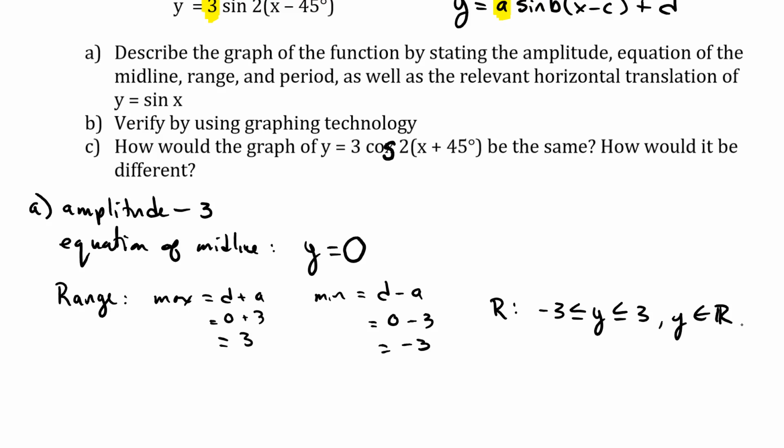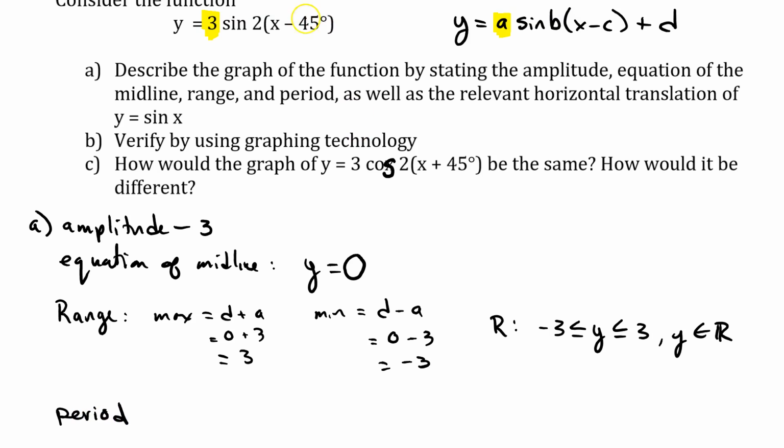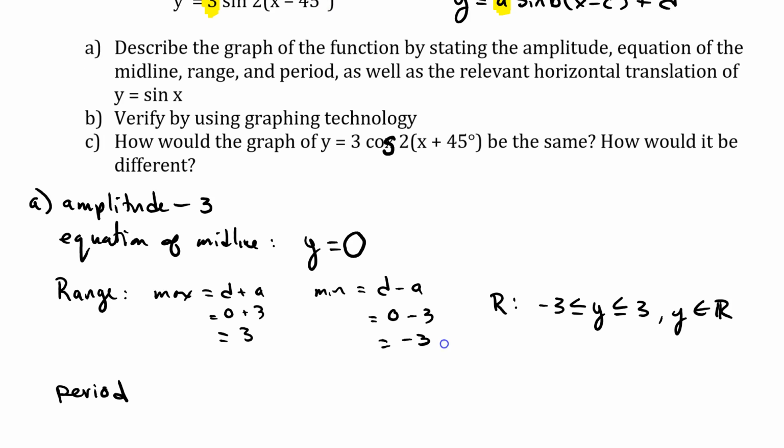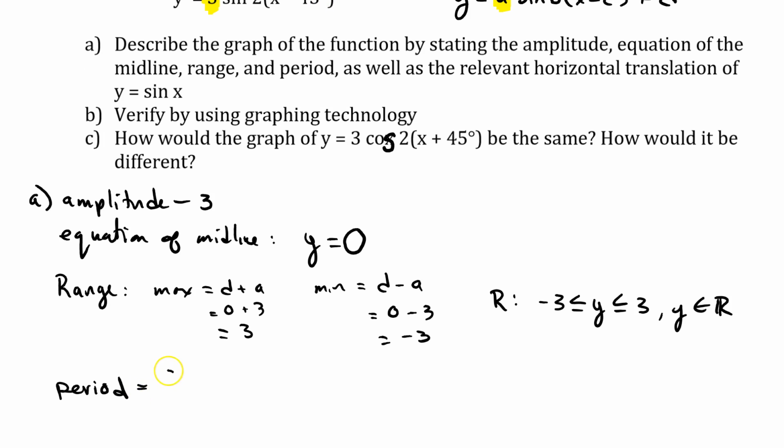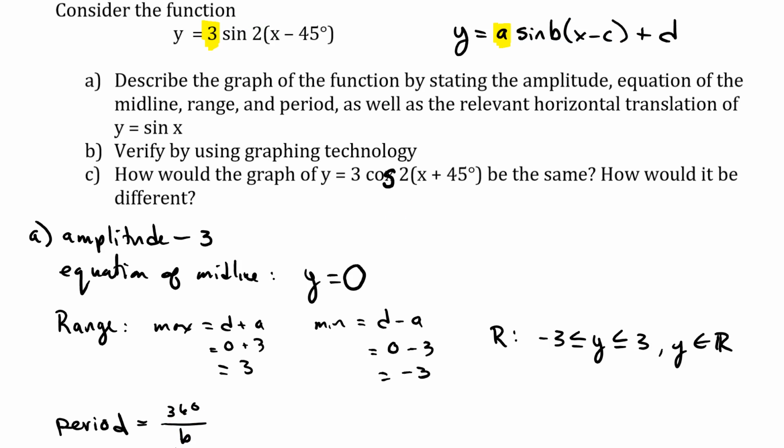Okay, let's talk about the horizontal translation. Oh, first actually let's talk about the period. Now we're still in degrees. How do we know? Because I see right here 45 degrees. So the period equals 360 over b. Let's identify here what b is. Our b is our 2.